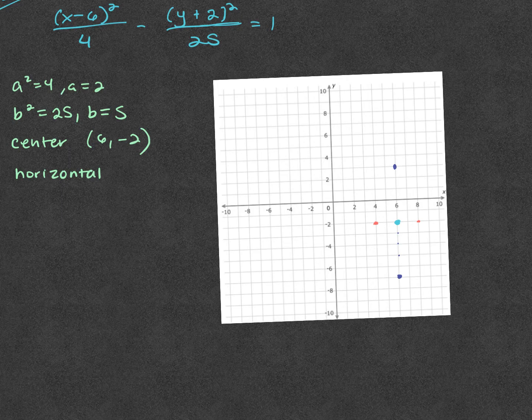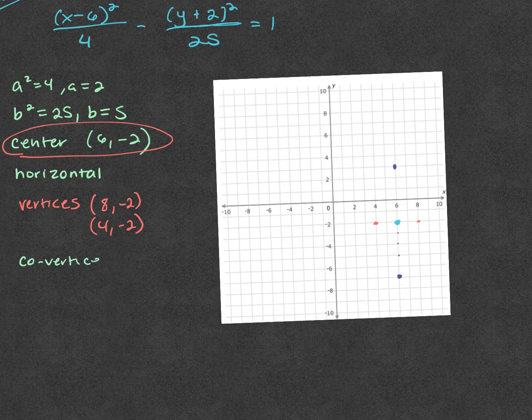So from here, obviously I know my center. I already know my vertices. That's my right and left. So I went right and left the 2, which makes it 8, -2, and 4, -2. And my co-vertices, up and down 5. So the x stays the same. The x is going to stay 6, but I went up 5 to get to 3. And I went down 5 to get to -7.